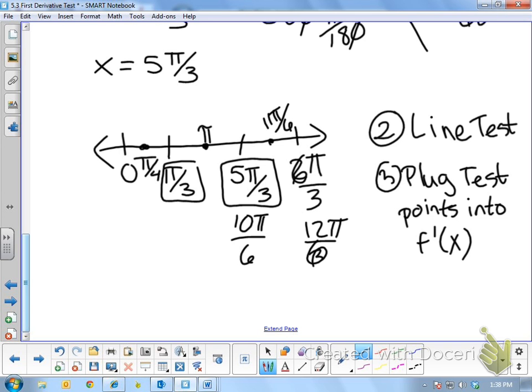So to save us some time, you guys plug pi over 4 into f prime of x. You guys plug pi into f prime of x. And you guys plug 11 pi over 6 into f prime of x. Whatever f prime of x was, I can't see there. It's like 1/2 minus cosine x.